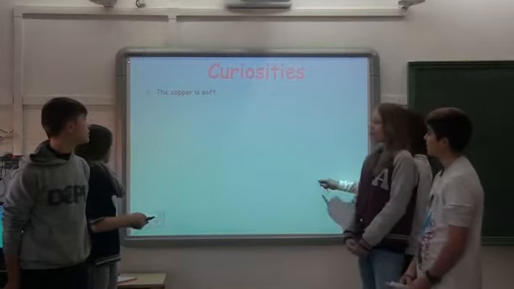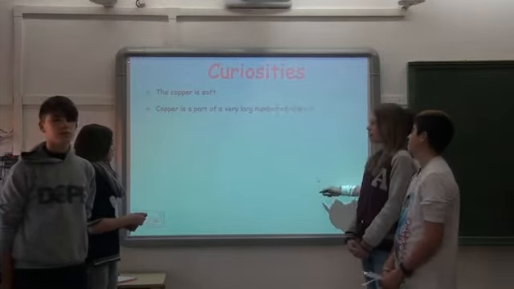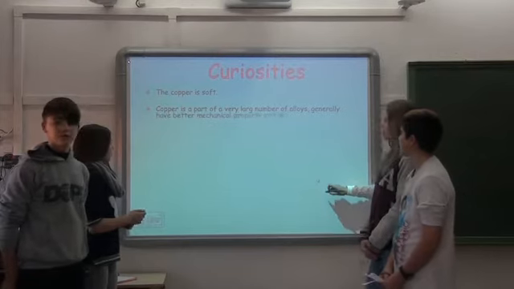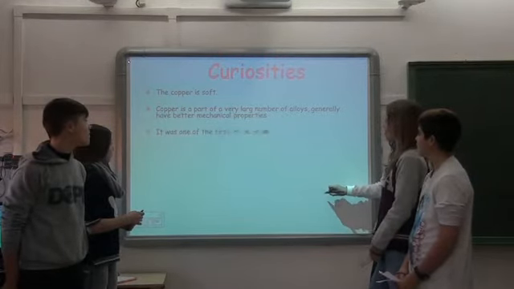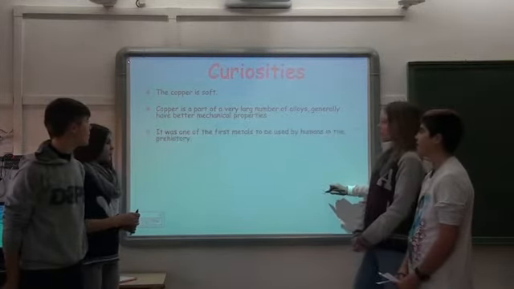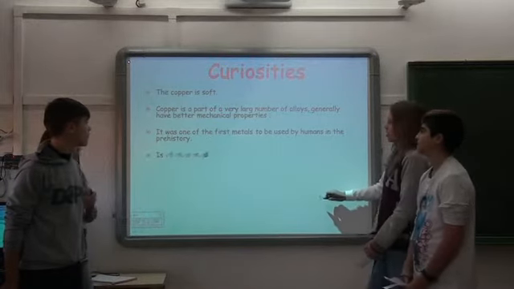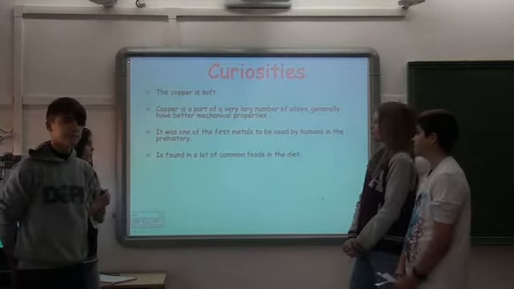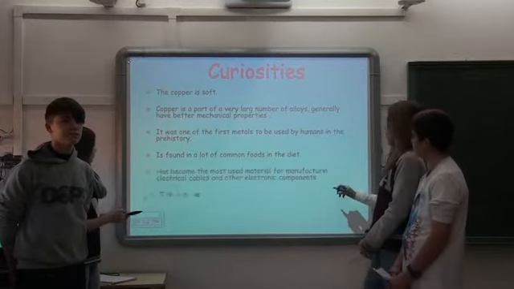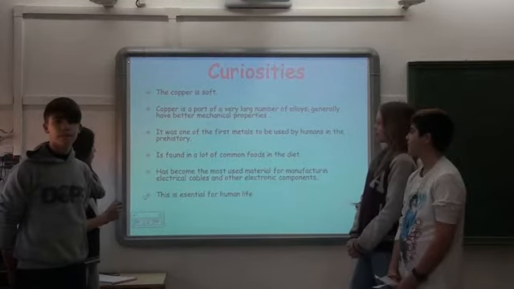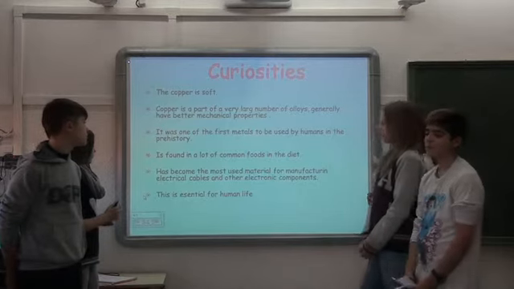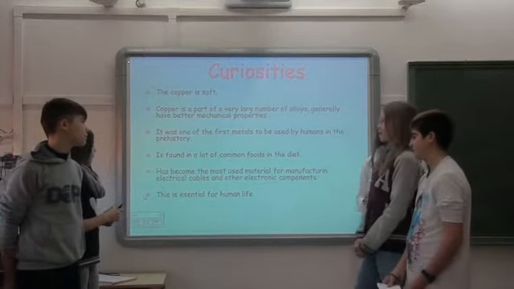Curiosities. Copper is soft. Copper is a part of a very large number of alloys, which generally have better mechanical properties. It was one of the first metals to be used by humans in prehistory. It's found in a lot of common foods in the diet.